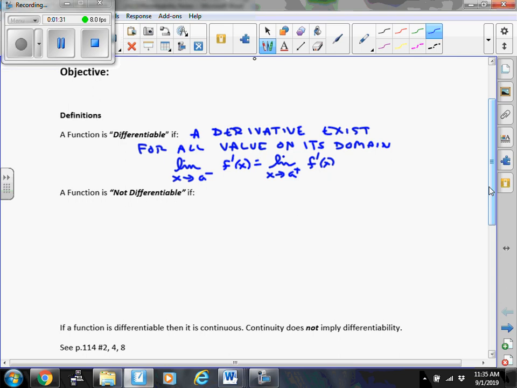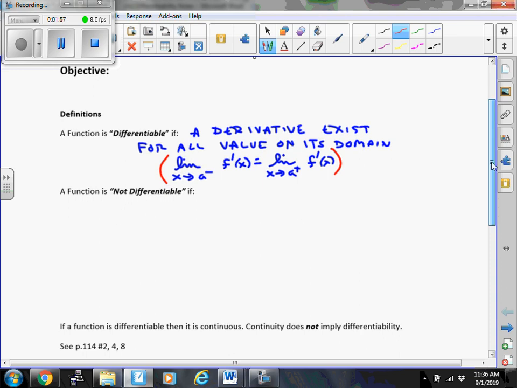So just these two parts. In other words, the limit has to exist. This is no different than continuity. It is continuity of the derivative. So the only significant difference is we don't actually have to have a point there. So this is kind of the proof that in fact you have it as long as it's for all values of a on the domain.